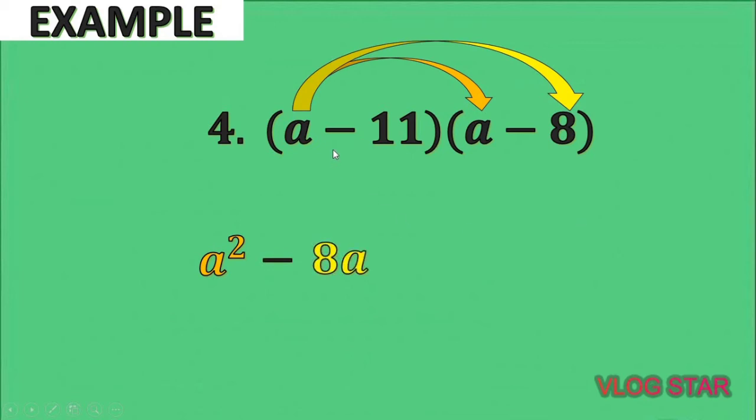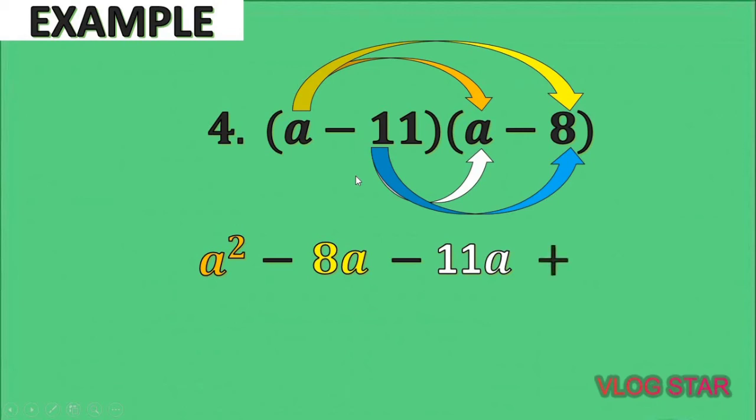Now let us distribute negative 11. Multiplying it to a, we have negative is the answer because they differ in sign. Answer is 11a. Lastly, negative 11 times negative 8, they are both negative. The product of two negatives is positive, thus we will write plus sign. The product of those two is 88.